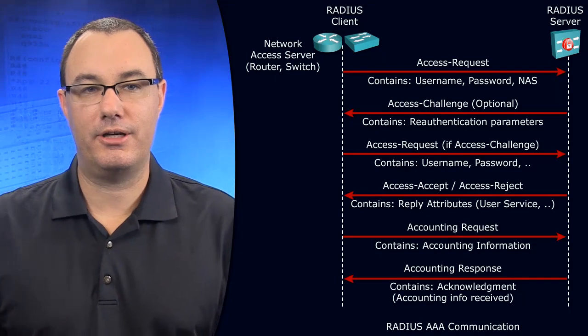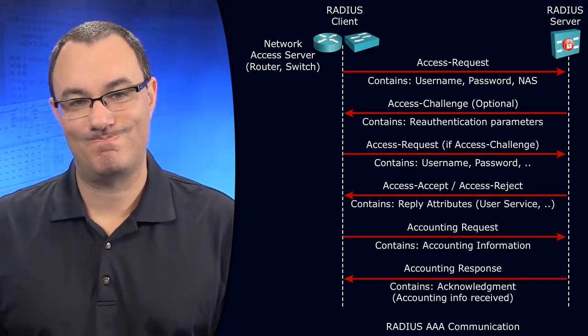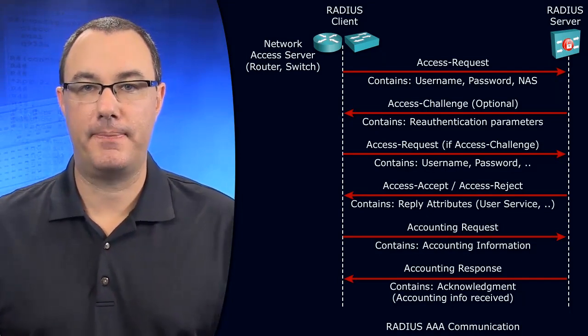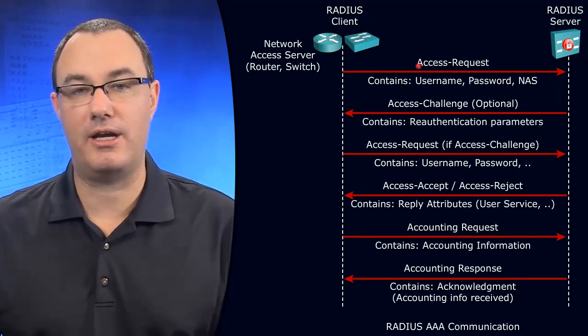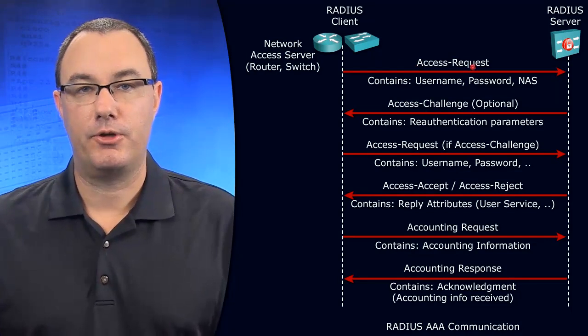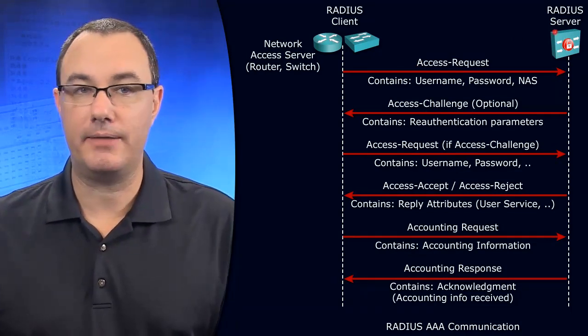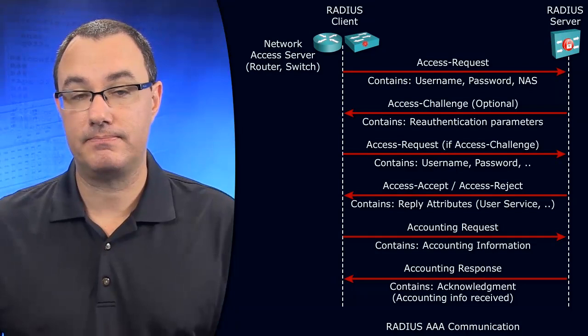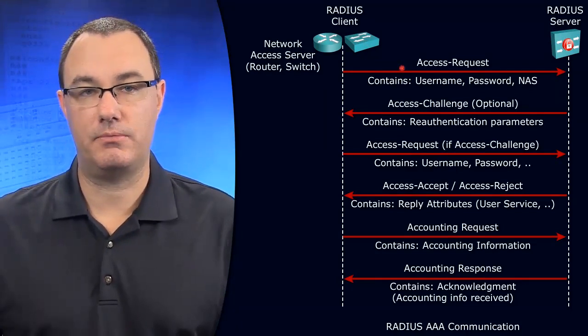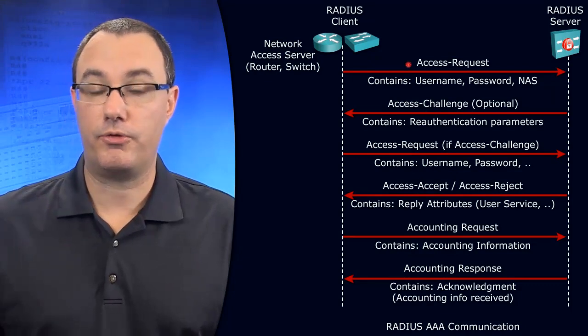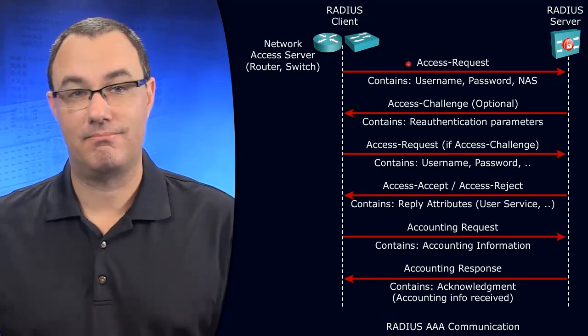What we see here is some Radius communication. Is this a huge deal? No. Let's just take you through it so you've seen it once in your lifetime. We have our Radius server on the right, a client on the left. When we do communication, we might say we're trying to do an access request.